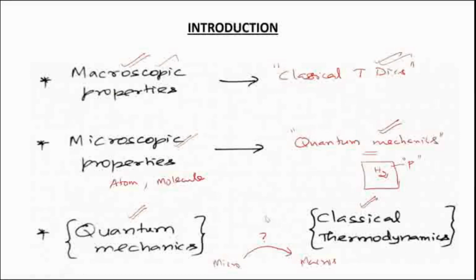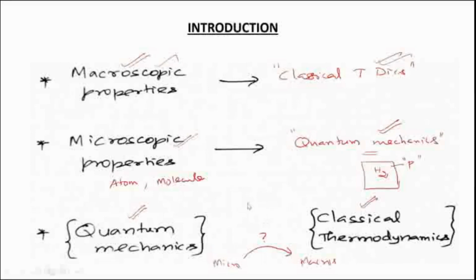Why do we need it? We have macroscopic properties, and we have microscopic properties of the atoms or molecules present in the bulk substance. Now, how to connect these two? Using microscopic properties, how to find the macroscopic property? For this, we are going to use statistical thermodynamics. So it is interconnecting classical thermodynamics and quantum mechanics.